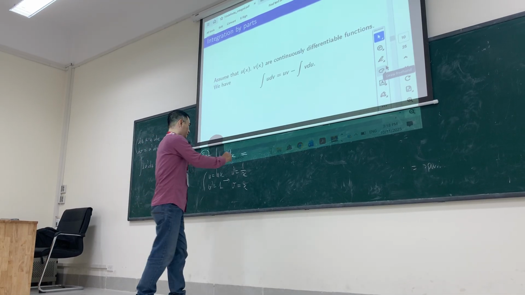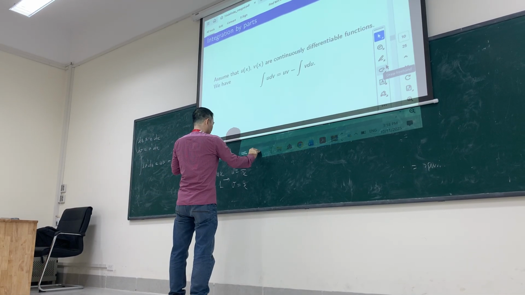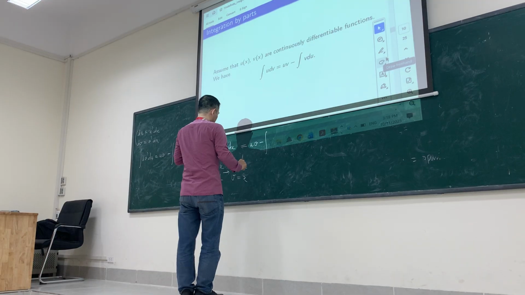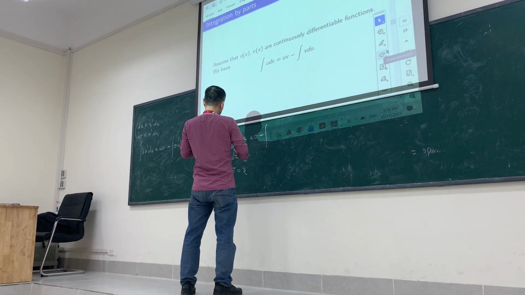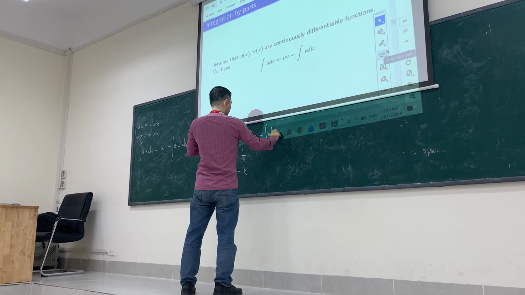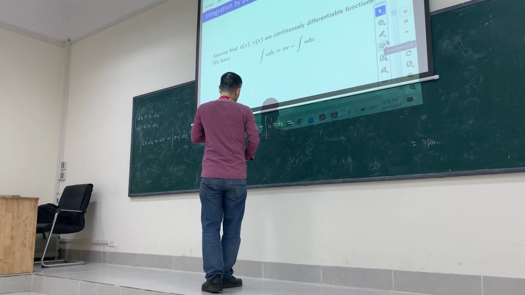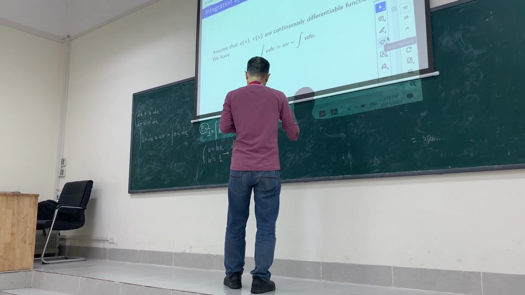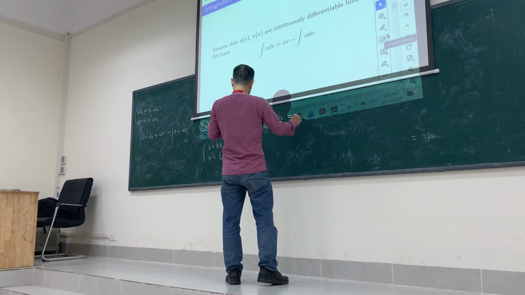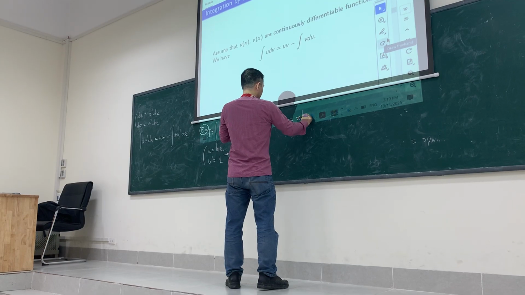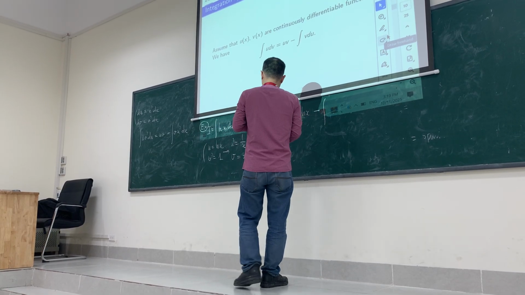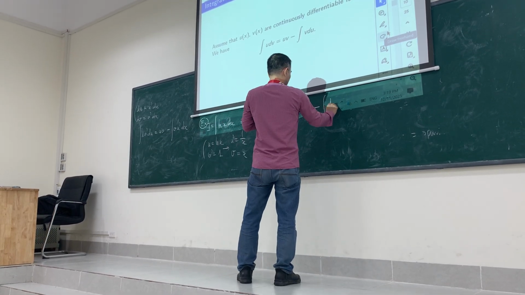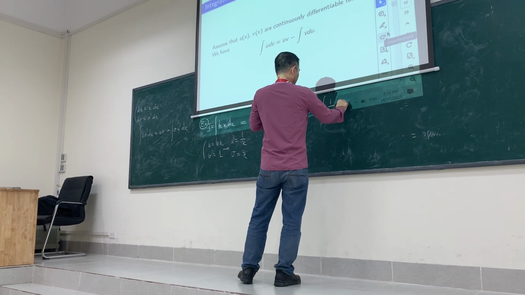So I is equal to uv minus the integral of u prime v dx, which is x natural log x minus the integral of 1 over x times x dx.